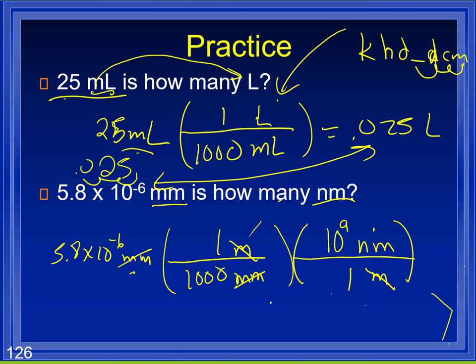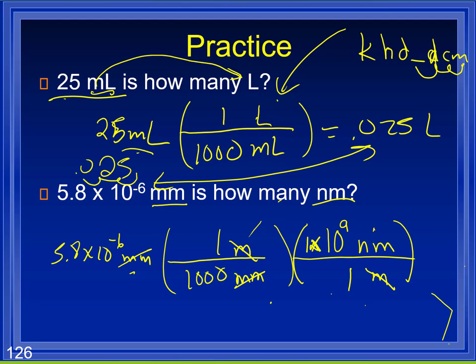So now I got to push those buttons on my calculator. 5.8 e negative 6 divided by 1,000. And then I got to put that 10 to the 9th in there, so the easiest way to do it is to get it in there as 1 times 10 to the 9th.